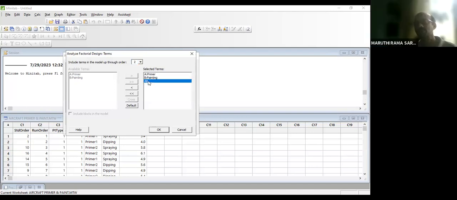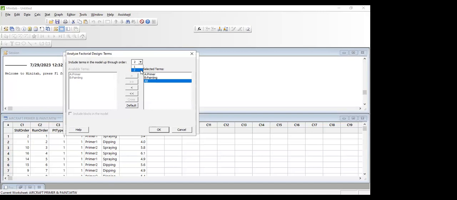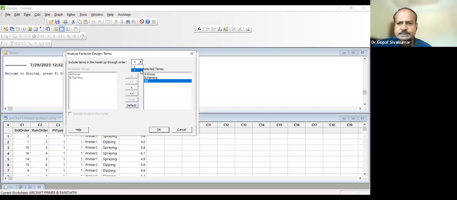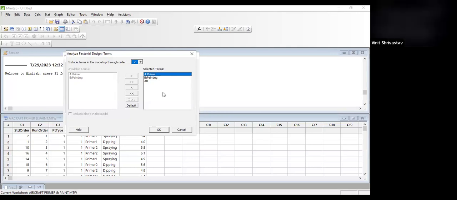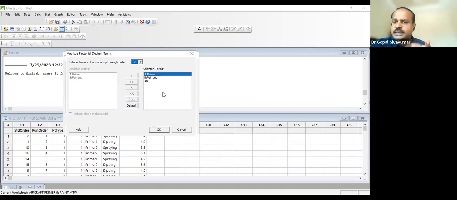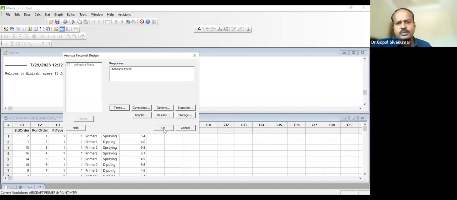If there are 3 factors, there will be an option called 3 here. Do you understand? That will include ABC on the right side. So first order, second order two-factor interaction, and three-factor interaction is also possible. Now this is two-factor interaction. This much is enough.